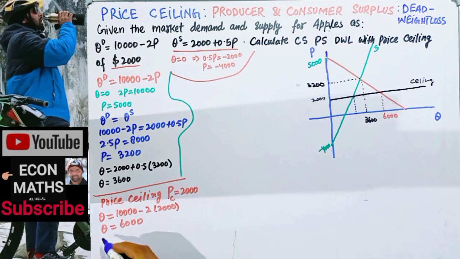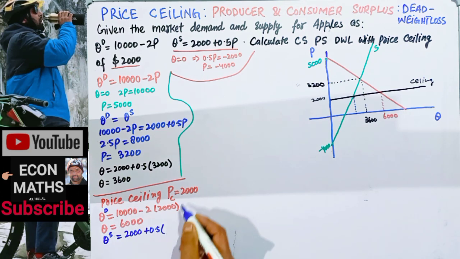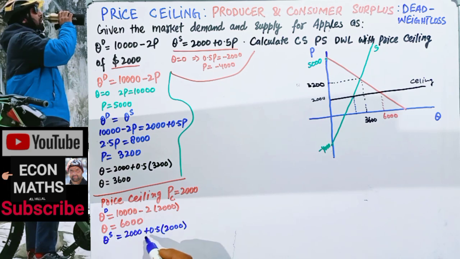That means quantity supplied will be equal to, this is quantity demanded in case of price ceiling, is equal to, this is our supply function, plug the value of price ceiling. So we have 2000 plus 0.5 times the price ceiling of 2000, so this is 3000, I guess. Yes, it is 3000.